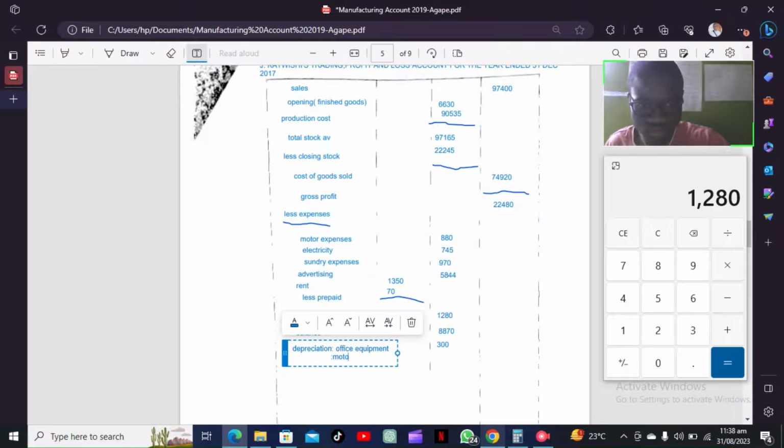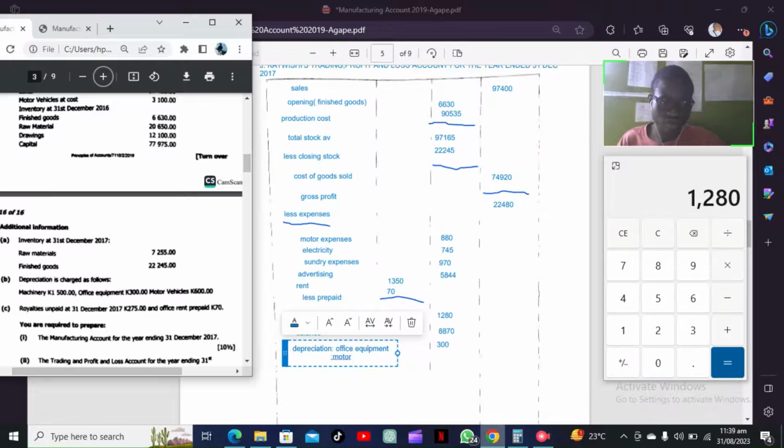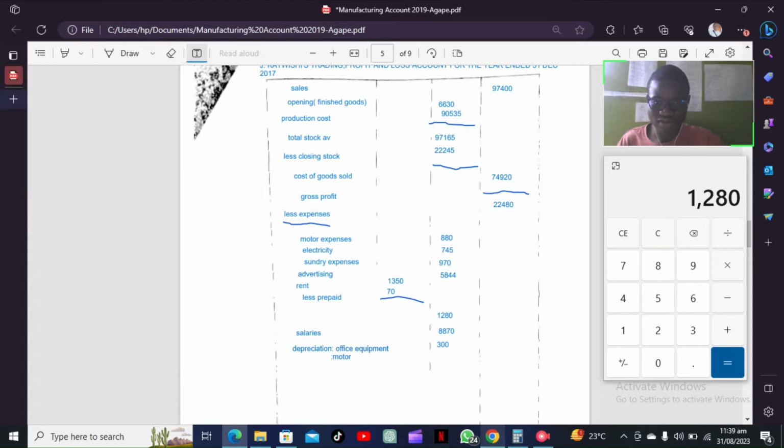So we're going to enter motor vehicle here. How much was depreciation on motor vehicle charged? It was 600. I'm going to enter our 600 there. That's all for our depreciation, and that's all for our expenses in the trading profit and loss.